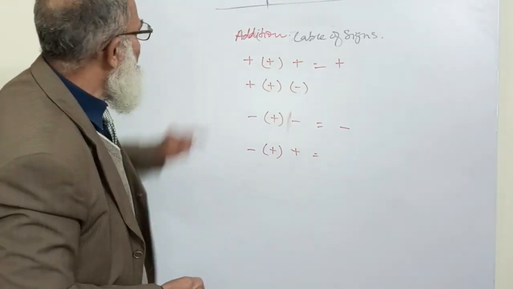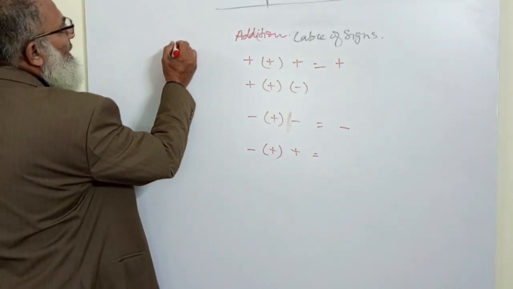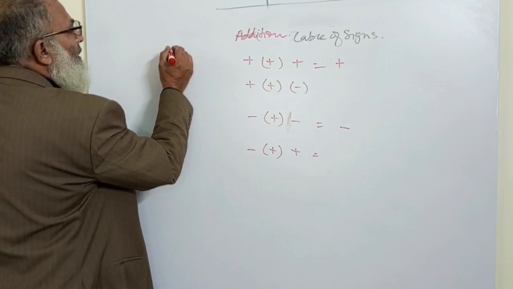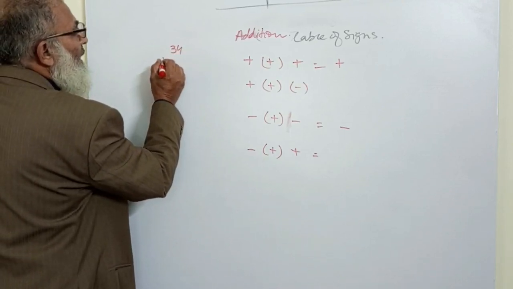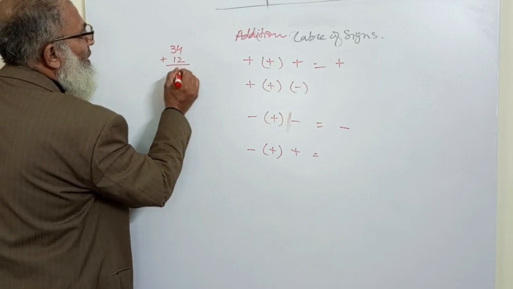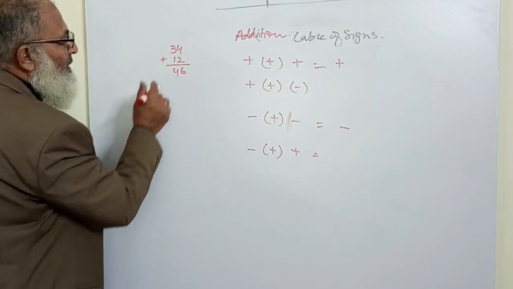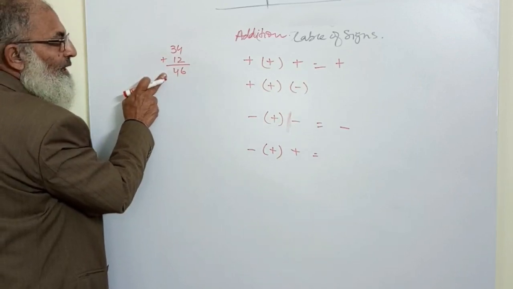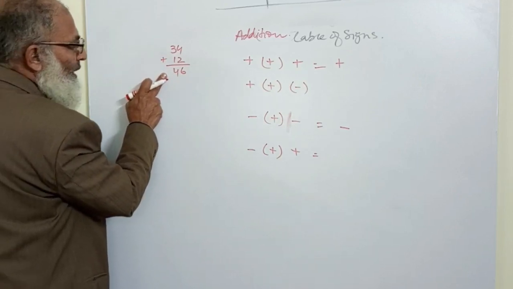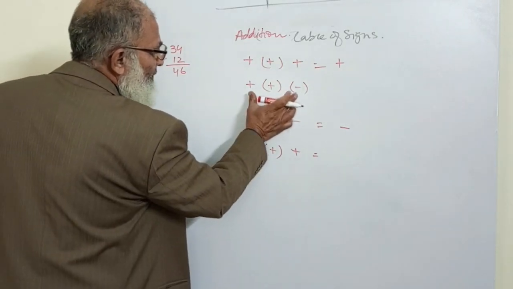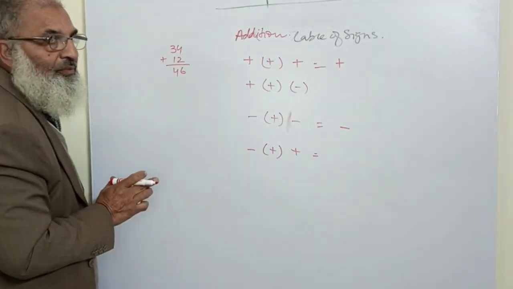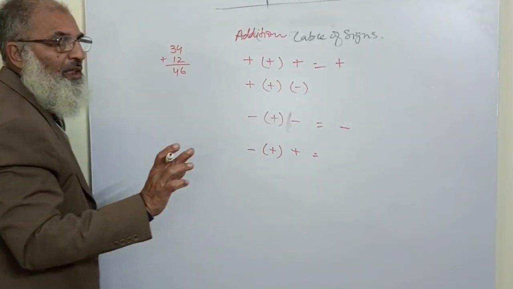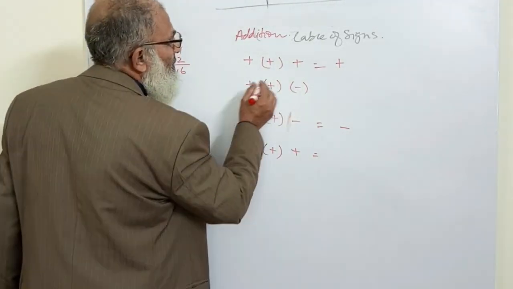The first one is clear. Just as if you add two numbers, 34 added by 12 gives us 46. Now you can see that it is understood that this is positive. When we have different signs in addition, in fact this is addition, but technically we call it subtraction.